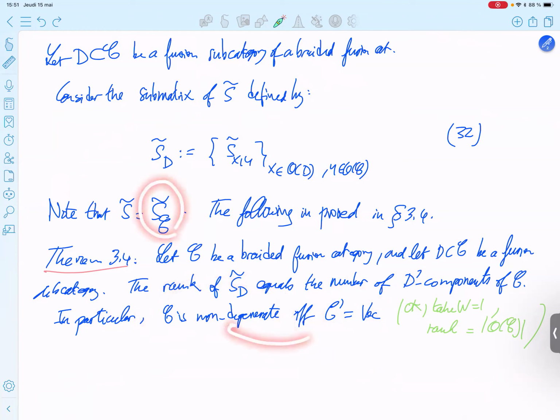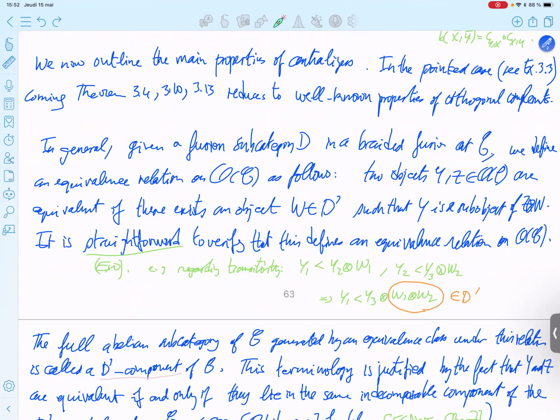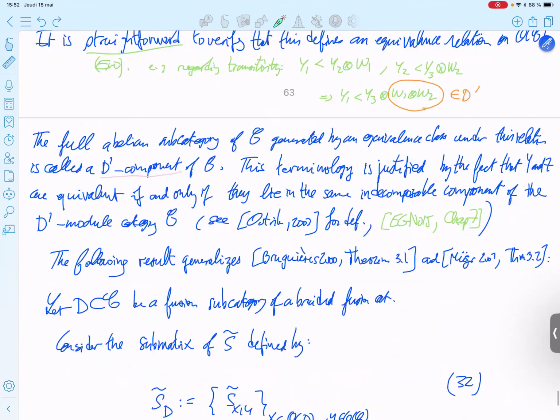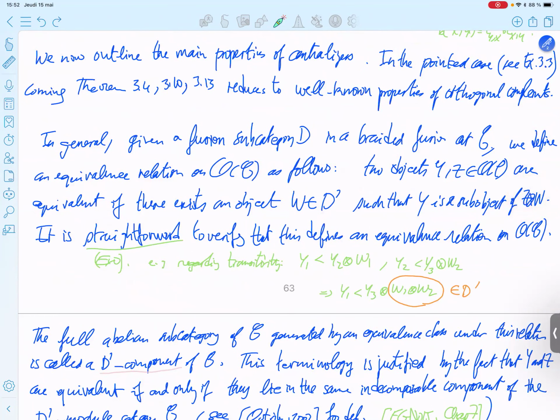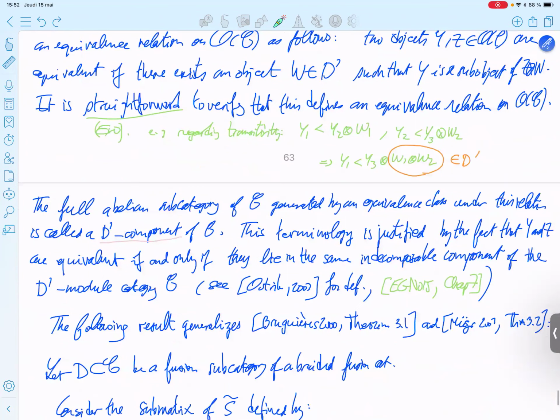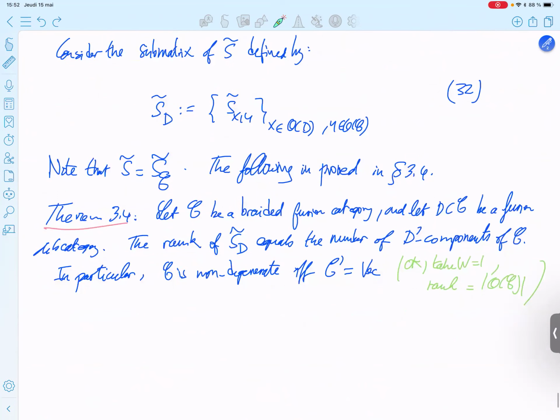This implies that you can only take W equal to 1, because if you can take another W which is not equal to 1, then the tensor will develop, and you will reach another simple object different from Z, so it's a kind of contradiction.